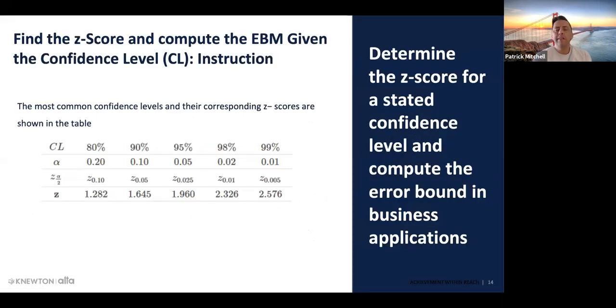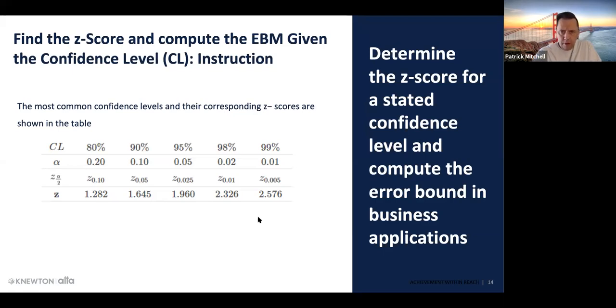Now, table A2, the table that you have, it does have the critical z-scores for 90%, 95%, and 99%. But it doesn't have 80% or 98%. So it might be a good idea to actually pick up a pen and just add those two onto the table.